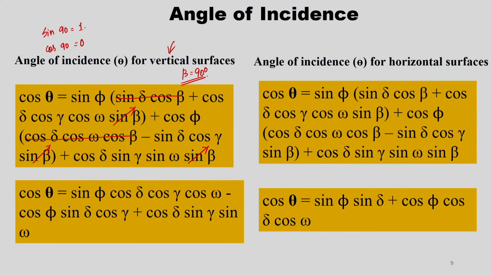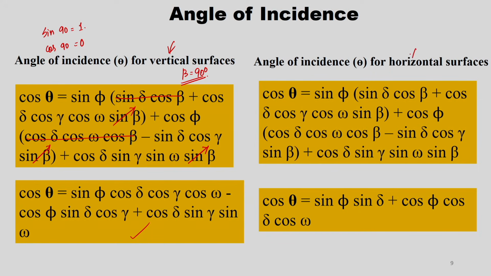So, first term would be sin phi, cos delta, cos gamma, cos omega. The second term would be cos phi, sin delta and cos gamma, and the third term is cos delta, sin gamma and then sin omega.